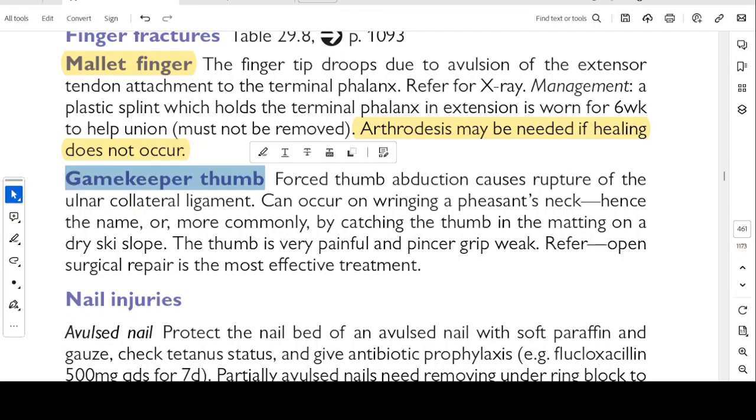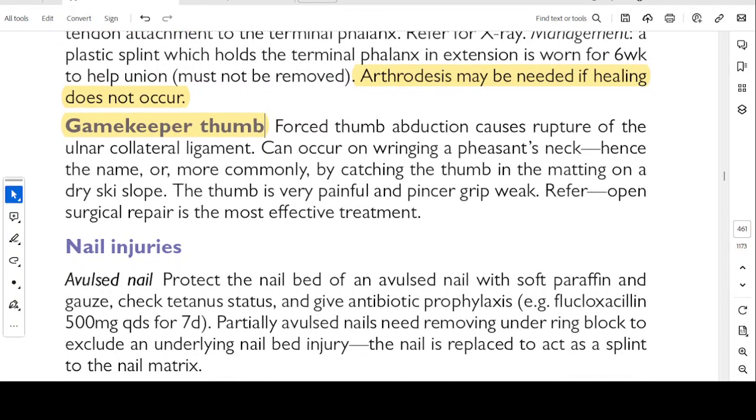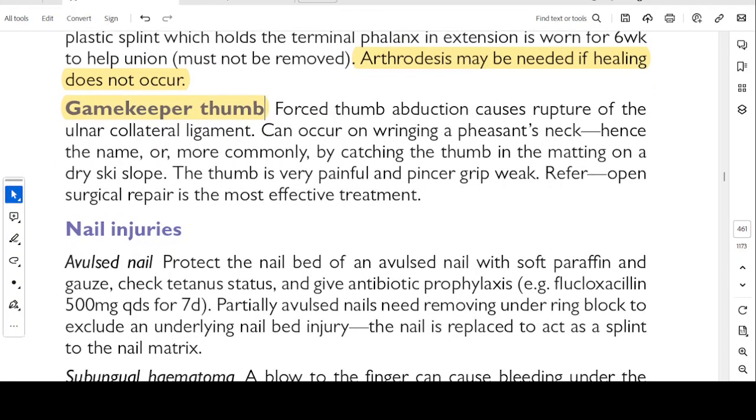Gamekeeper's thumb. Forced thumb abduction causes rupture of the ulnar collateral ligament. It can occur on wringing a pheasant's neck, for example, hence the name, or more commonly by catching the thumb in the matting on a dry ski slope.